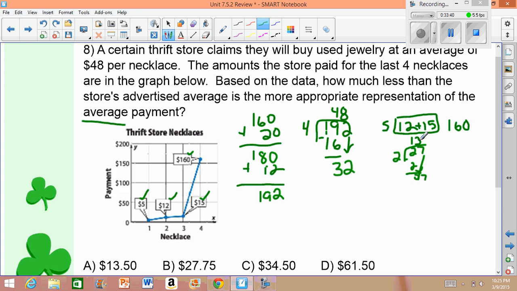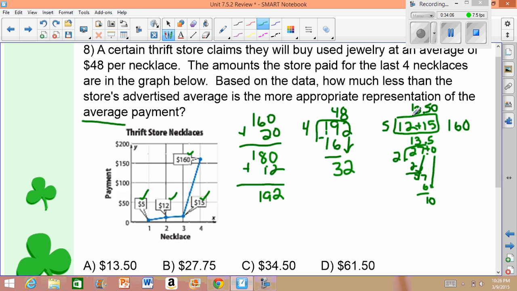Here we go, that's 6. We're at a digit, so add a decimal point and a 0. Bring my decimal point up. Bring my 0 down. 2 goes into 10 5 times. So that means my median is $13.50.